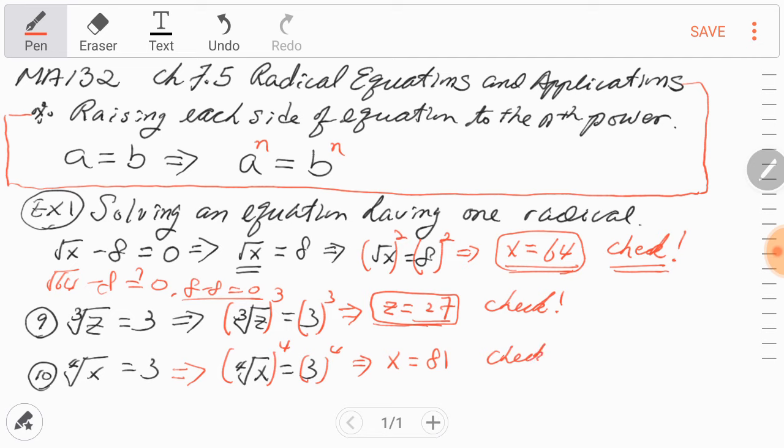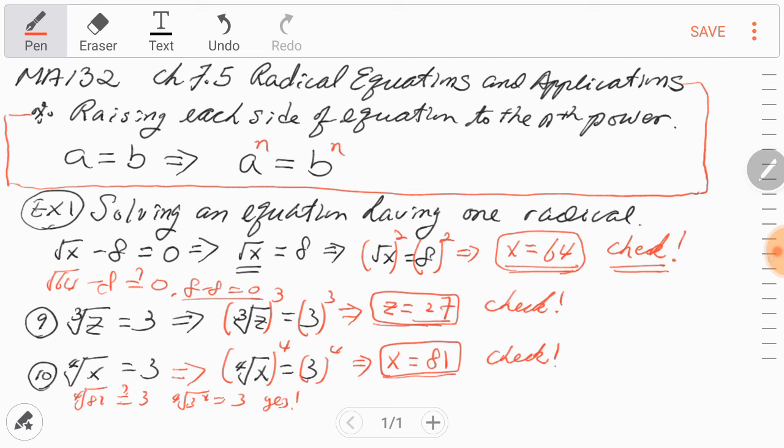Is 81 okay? Check. Once you plug in 81, the fourth root of 81, is this equal to 3? Yes, because 81 is 3 to the fourth power. So that is equal to 3. So 81 is the solution.